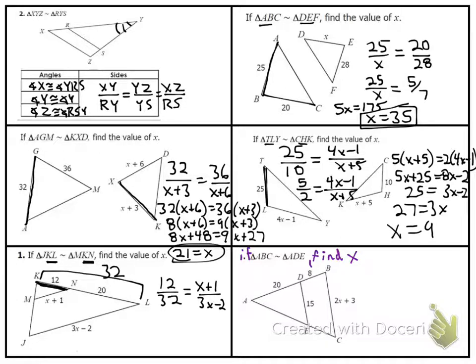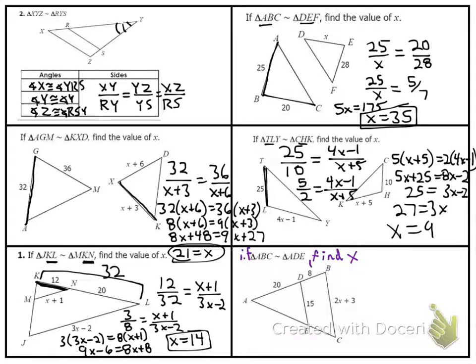I can divide them both by 4, and I get 3/8 equals x plus 1 over 3x minus 2. By cross product, we then have 3 times 3x minus 2 equals 8 times x plus 1. 9x minus 6 equals 8x plus 8. I'm going to subtract an 8x over. That gives me x. And then add 6, and I get x equals 14.